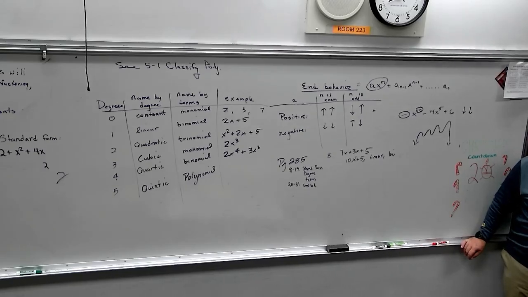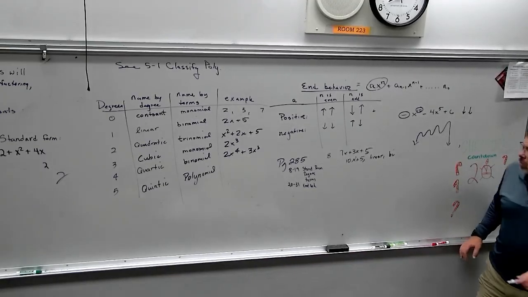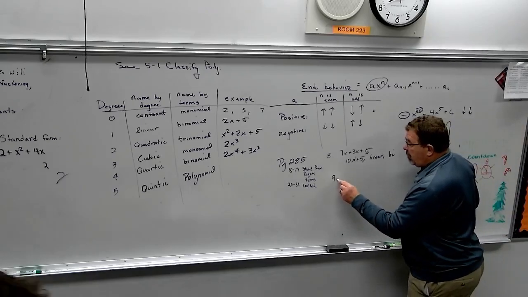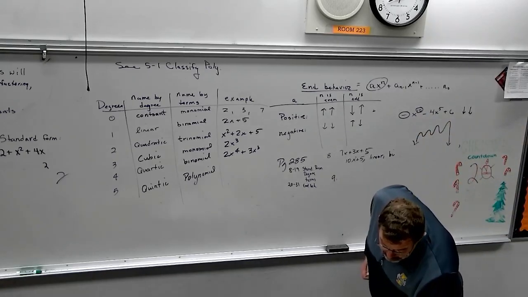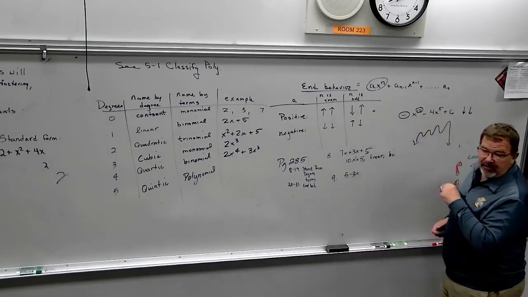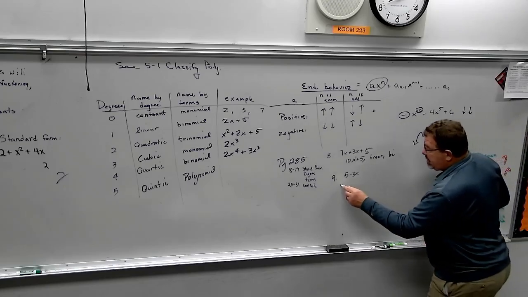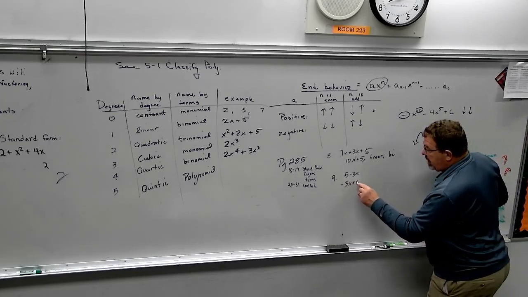Okay? So that's what you do on 8 through 19. Maybe we'll do one more. Here's 9. Is that in standard form, number 9? No. So what would it be in standard form? Negative 3x plus 5. Carry the negative with it.